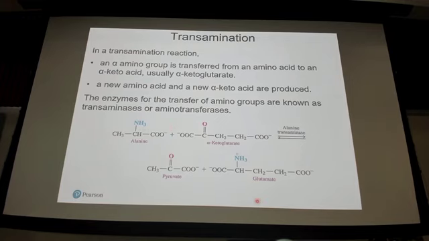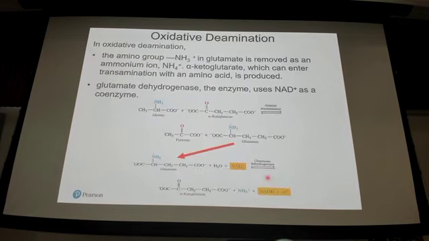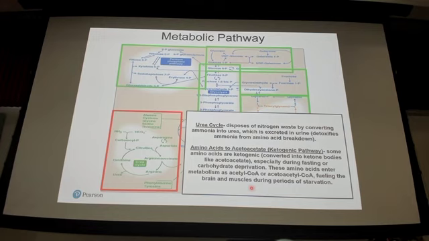But if we have excess nitrogen, this glutamate will now undergo oxidative deamination. So here's that reaction from the previous slide. That glutamate will now, in the presence of glutamate dehydrogenase, produce alpha ketoglutarate again, and that extra ammonium group, which will then be removed from the body via the final pathway we're going to talk about in this block, which is the urea cycle.